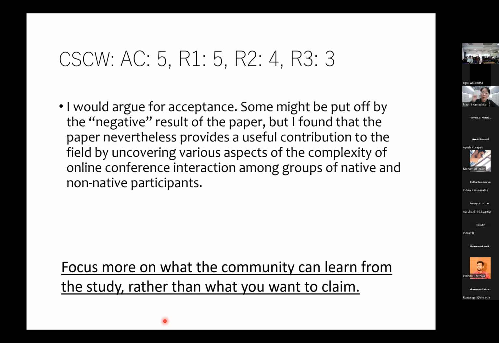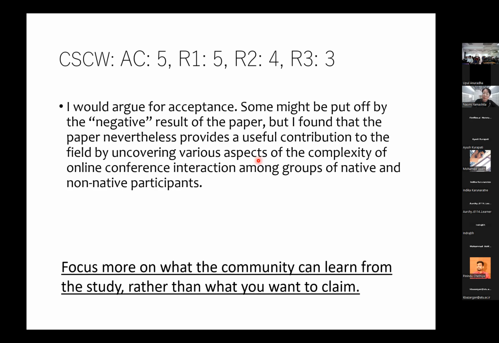And the resubmission was taken pretty positively by reviewers. The AC, the meta reviewer, said, "I would argue for acceptance. Some might be put off by the negative results of the paper, but I found that the paper nevertheless provides a useful contribution to the field by uncovering various aspects of the complexity of online conference interaction among groups of native and non-native participants."